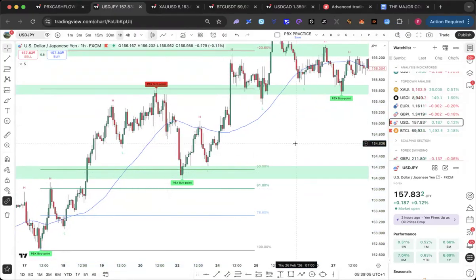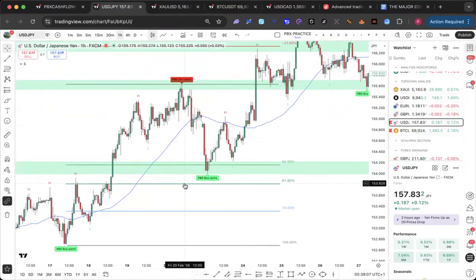In this context it is at least the PDRAs, which is the 50 equilibrium, 50 to 60 golden region, right? And then 61 to 79 as OTE.